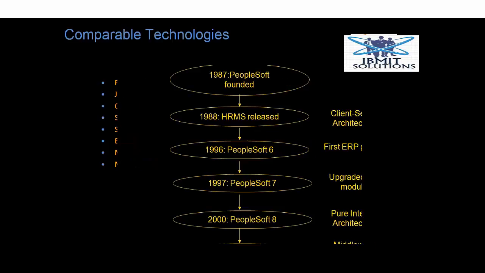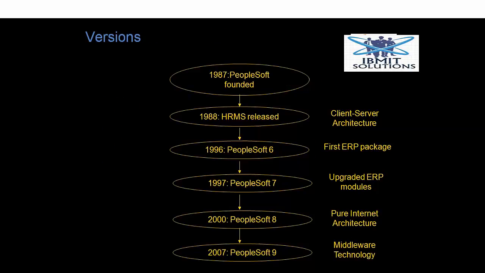Right now we are on PeopleSoft 9.2, that's the latest one. Is it the latest? 9.2. Actually, in 2007 PeopleSoft 9.0 was released, then they released 9.1, and then 9.2, which they released two years back.